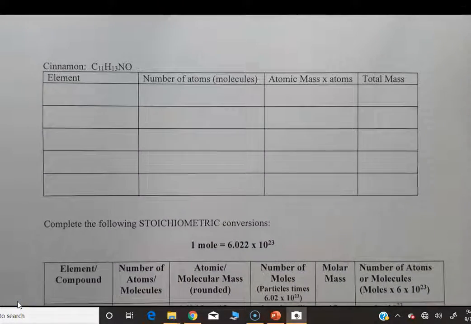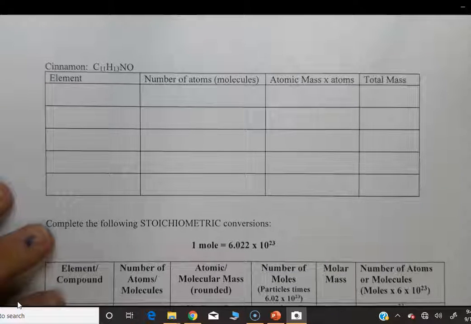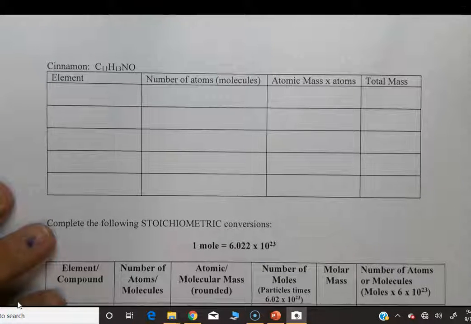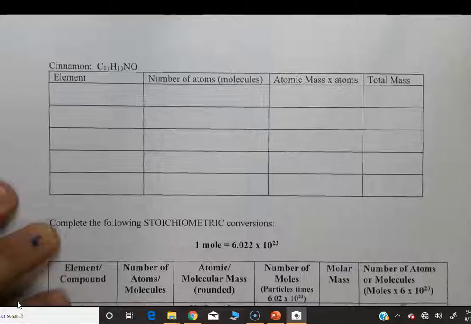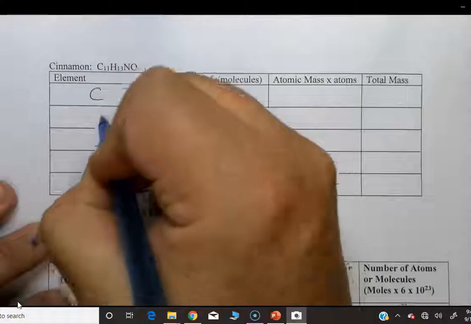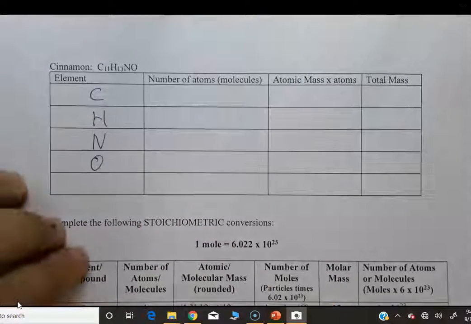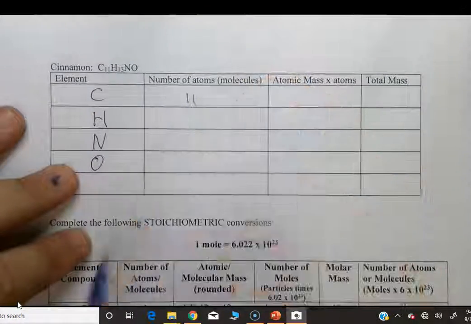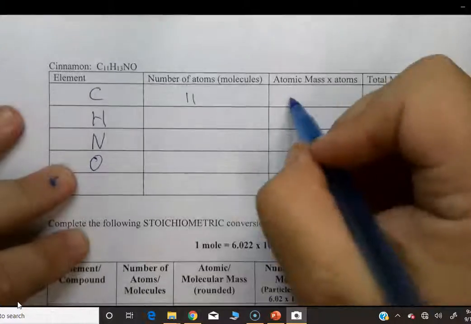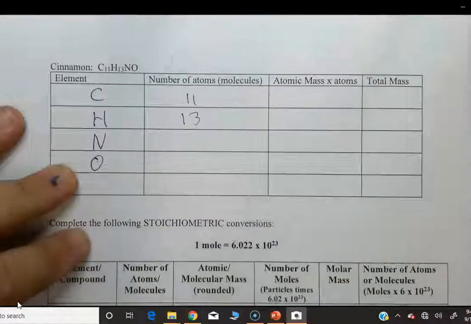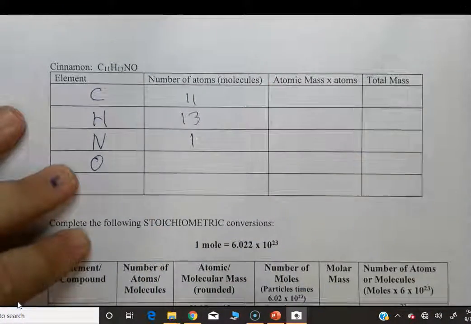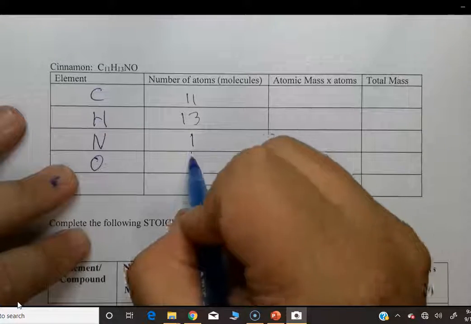Okay, and we'll end up with one that's kind of fun. This is cinnamon. Again, it's got C's and H's and O's. It also has nitrogen in it too, okay? So C, H, N, O. So carbon we have 11. Hydrogen we have 13. Nitrogen 1, and oxygen 1.